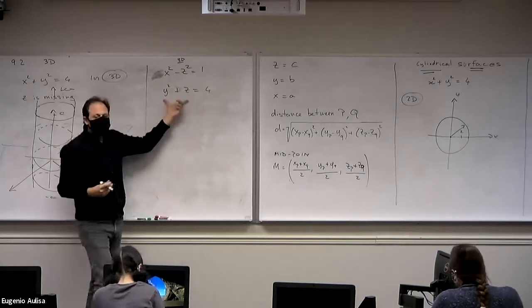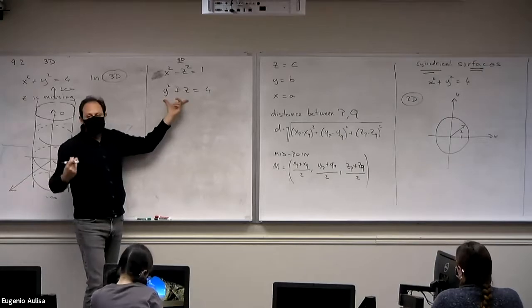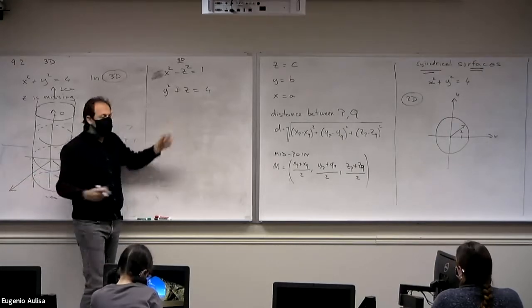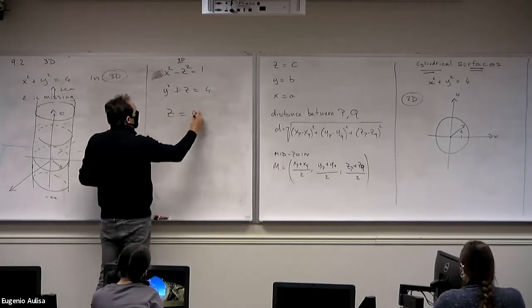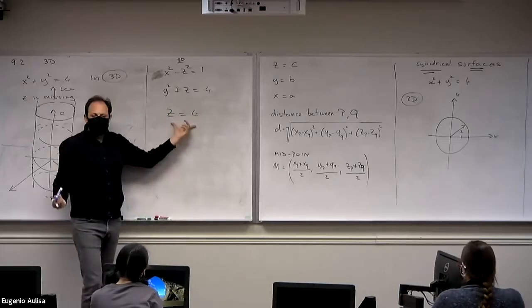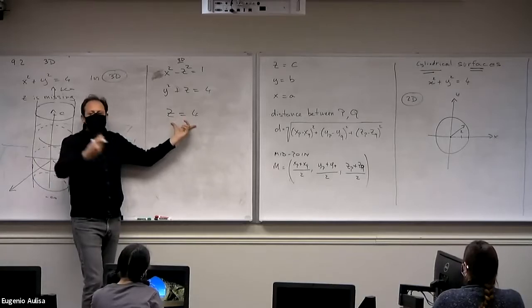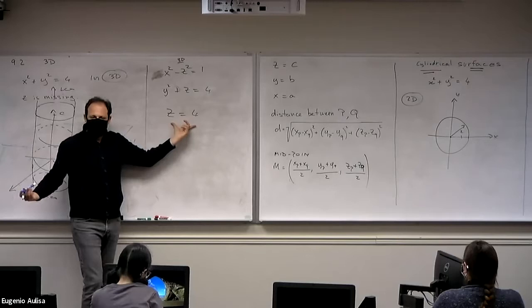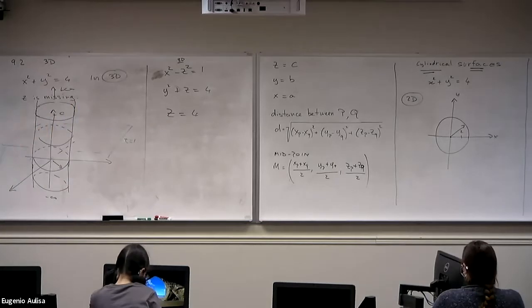What is this? Is a cylindrical surface. Why? Because x is missing. What is this? Is a cylindrical surface because both x and y are missing. Okay? So, as long as you are missing one or more variables, those are all cylindrical surfaces.